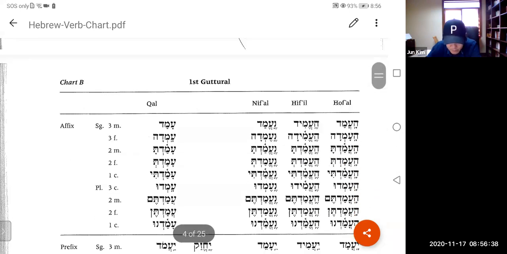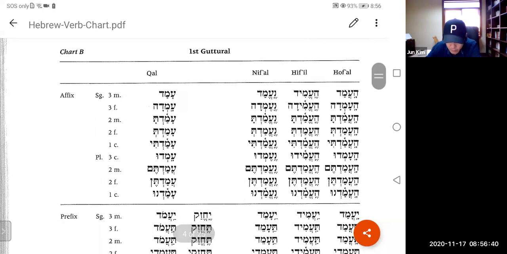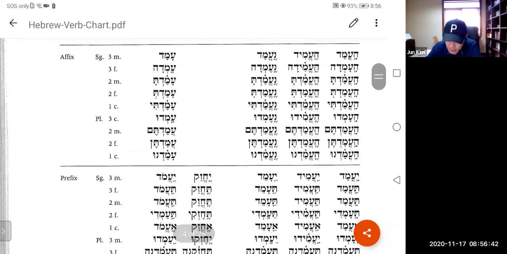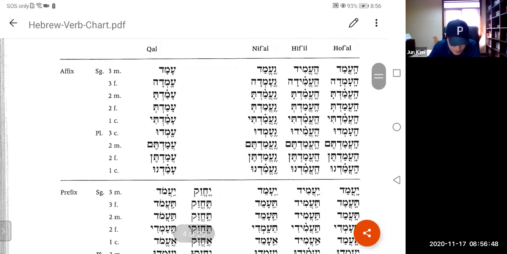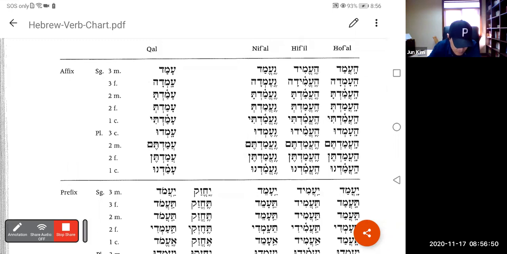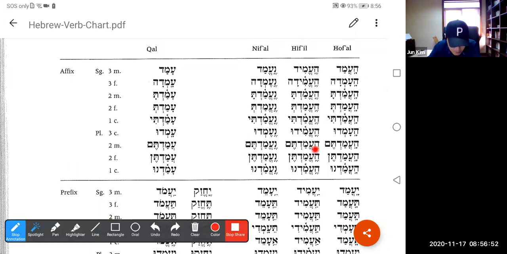Then let's move on. For the first guttural, we are still staying with the Hofal stem. Now look at this. This one is first guttural. Can you see any difference? What is special about it? Anything that you can recognize? This one is also preformative he and kamets hatuf.